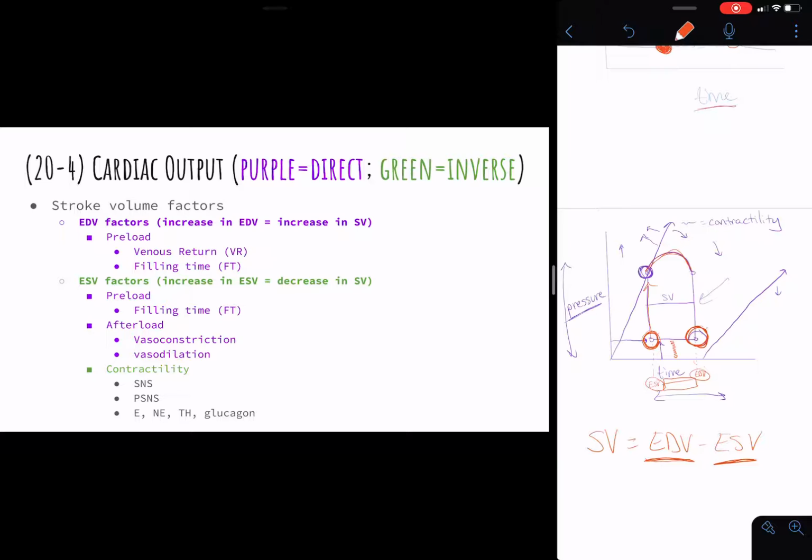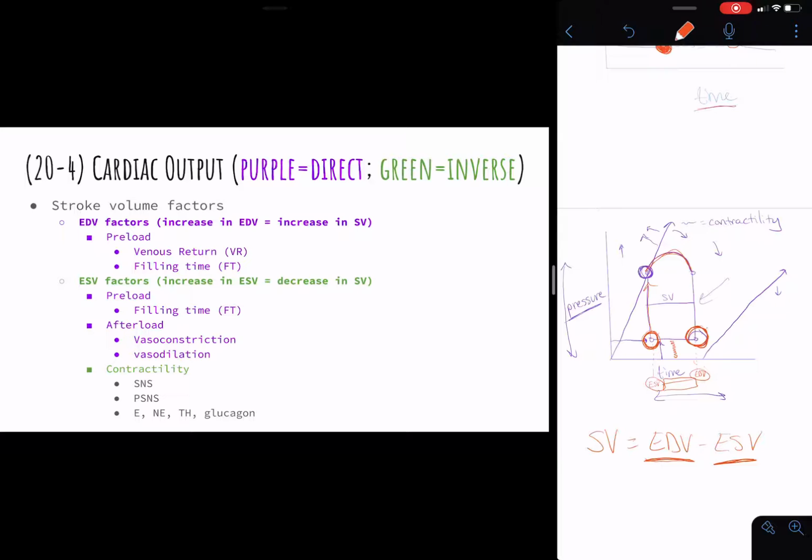So after systole and after diastole. But venous return doesn't fit here because venous return is the amount of blood that's in there during the relaxation phase, but after systole, we've already ejected all of the blood that's there, so venous return doesn't quite fit for ESV, but it only fits for EDV.